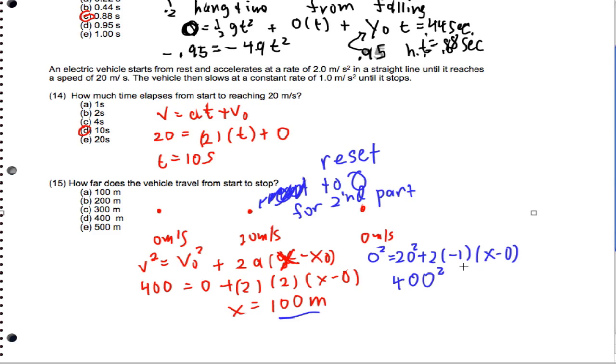Do I have it wrong? No, I have 400 plus 2 times x, and x here, yes, it ends up being 200, sorry, it's not 400, it's x equals 200 meters for the second leg. So what that means is my total distance equals 300 meters. Okay, let me just check one thing.